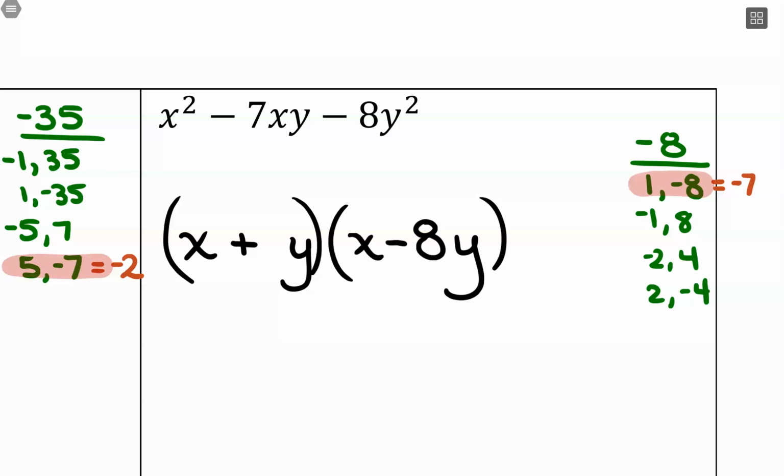The more you do these, the more little tricks you find, and you even start to be able to kind of pick out the numbers, especially with smaller numbers, that like negative 7 was never going to come from 2 and 4 in any form together. So with that, you can skip steps here. I just want to show it all written out and where these numbers are coming from.